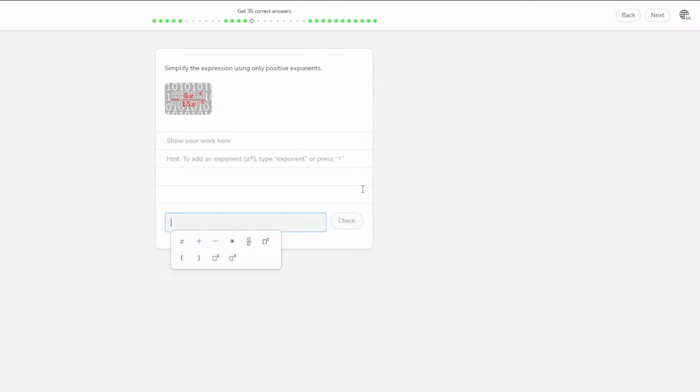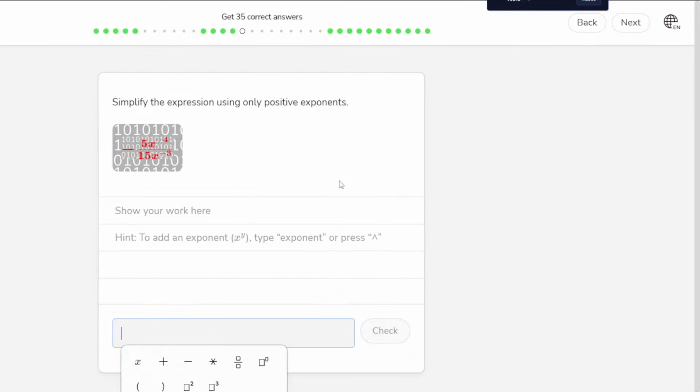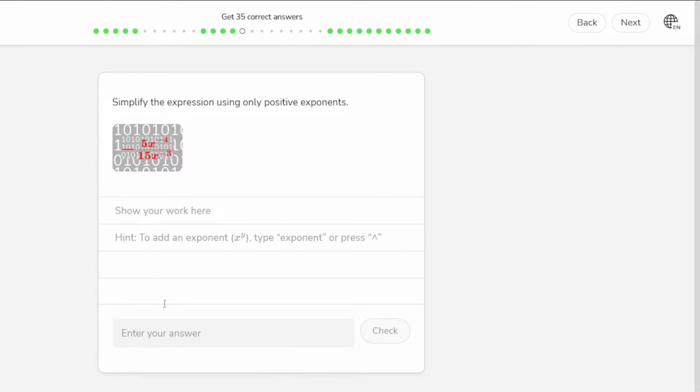Oh, it's so hard to see. That's better. The stupid background to make it so you can't, like, use a program to solve it is so annoying. I'm gonna go to the next.